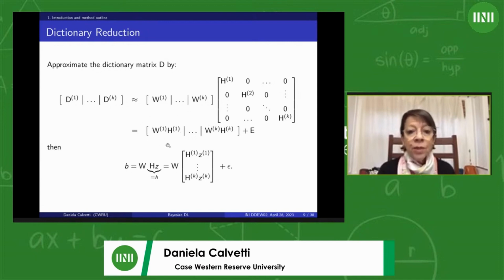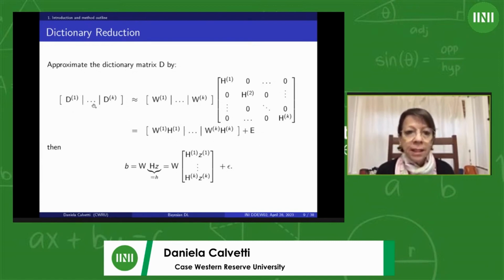And this is how we recombine. So now W1, H1, and so on. These are the low-rank approximations of the subdictionaries. And of course, this is not an exact operation, so it's lossy, and therefore there is an error here in the matching.